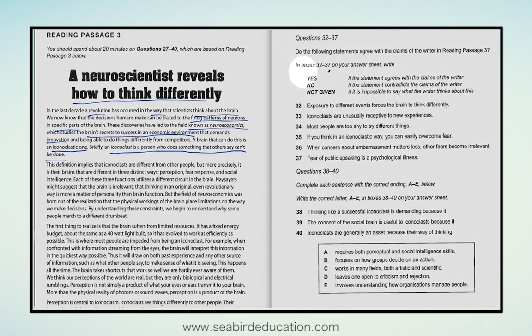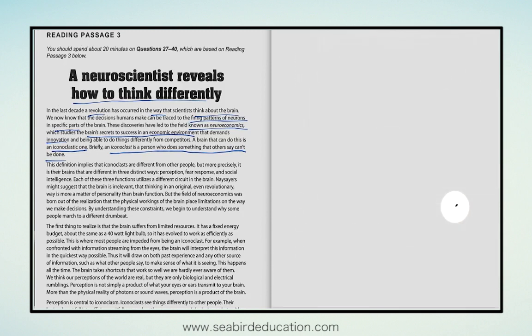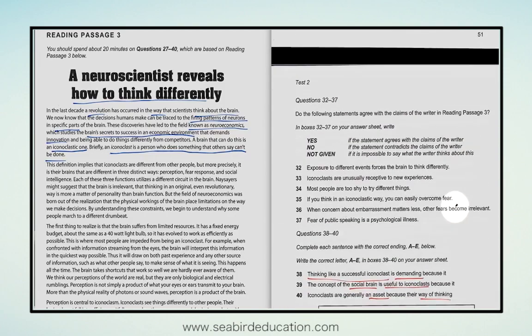Again, these ones are not good, true, not given. But let's have a look at these ones here. Complete each sentence with the correct ending. Thinking like a success is demanding because it is demanding. Social brain useful because of their way of thinking. Right, and that's it. The white space.